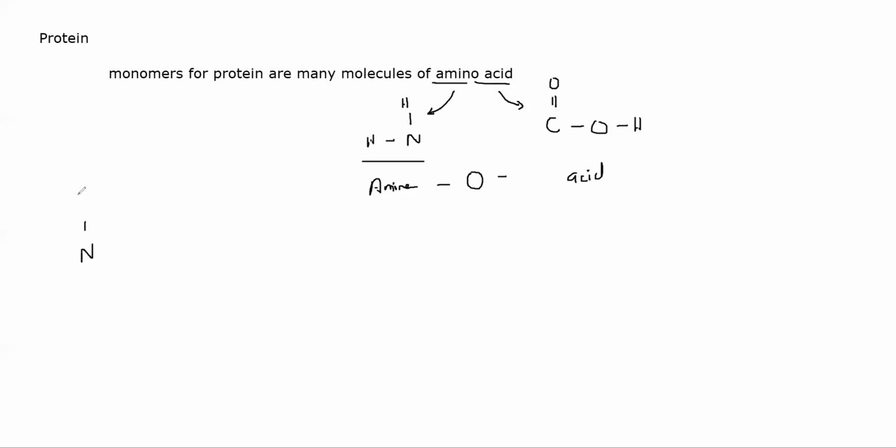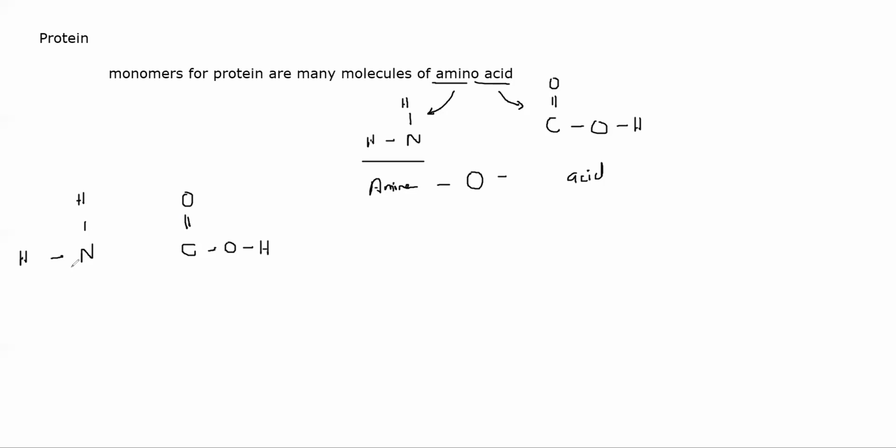Amine group means NH2. And the carboxylic group is there, C double bonded with O and OH.